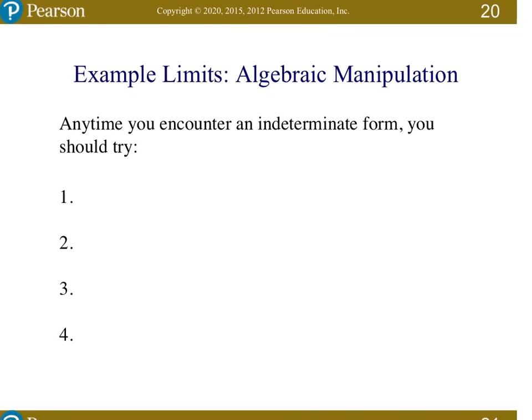So here, when you get 0 over 0, you should try FOIL. You should try factoring. You should try reducing. Or you should try common denominators.